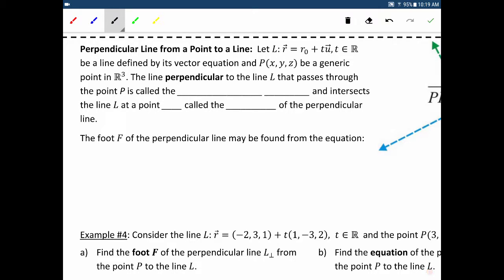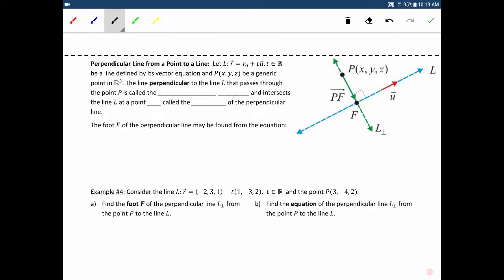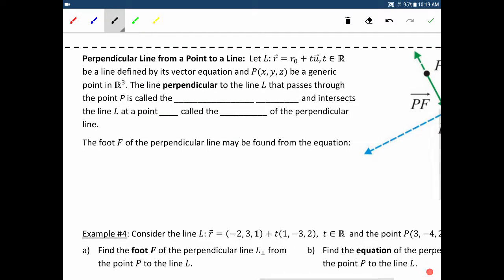Okay, so let's look at a perpendicular line from a point to a line. We get a little picture of what I mean here. We're in 3 dimensions here.